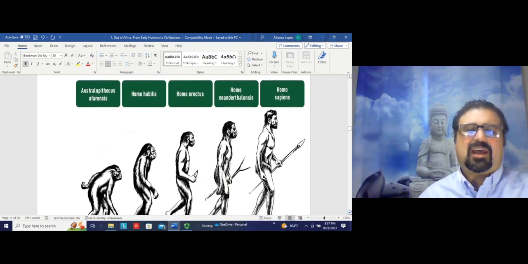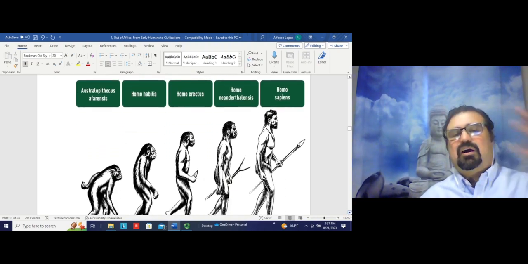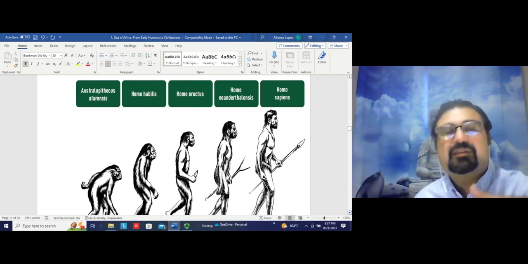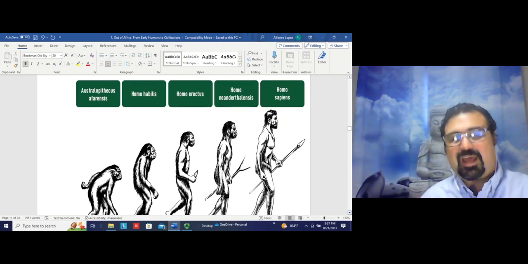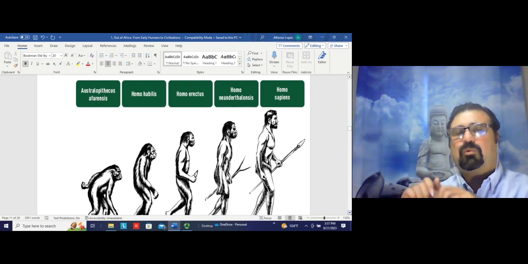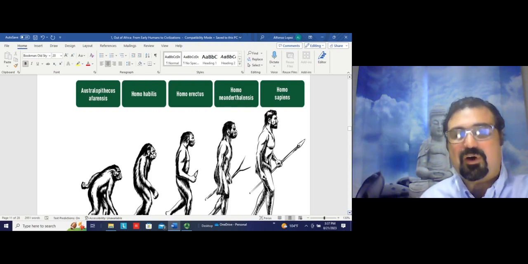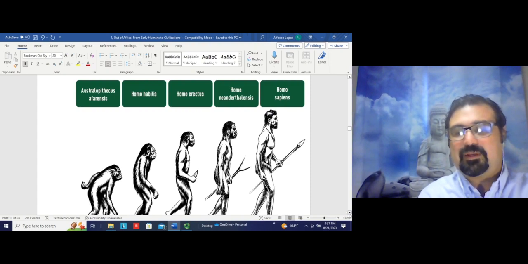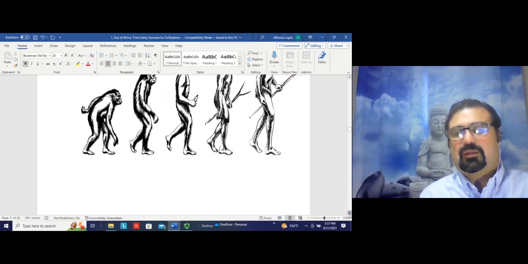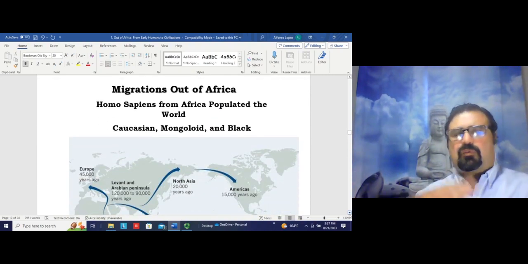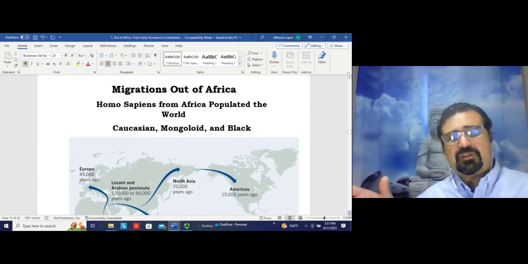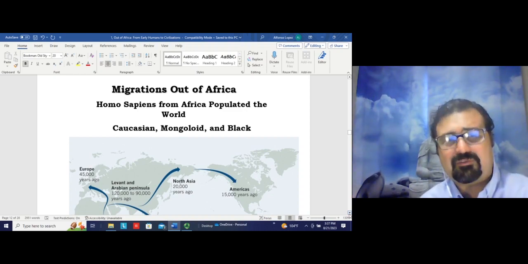Again, this is just a kind of depiction of the different kinds of humanoids that have existed in the world, particularly in Africa: the Australopithecus, the Homo habilis, the Homo erectus, the Neanderthal, and the modern Homo sapien. They appeared at different points in time, and the significance of this is that there have been migrations out of Africa.